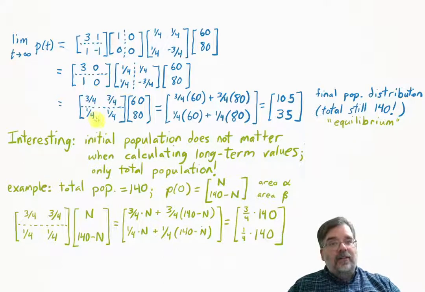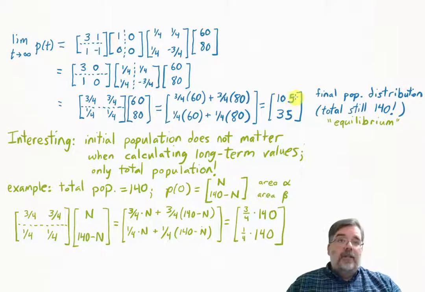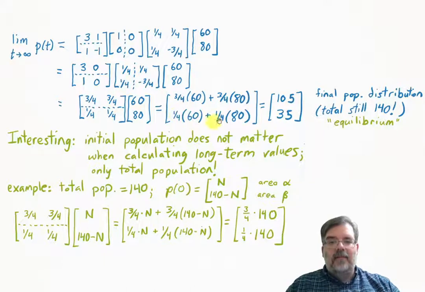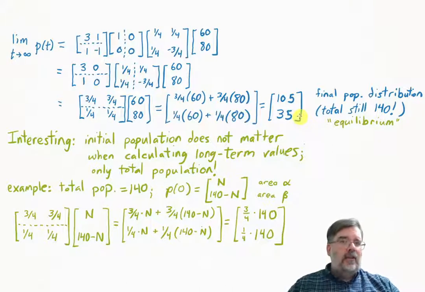And finally, let's do the matrix vector product. Let's multiply it by that initial population vector. We'll get 3/4 times 60 plus 3/4 times 80. That's 105. A nice whole number. That worked out nicely. And similarly, a fourth times 60 plus a fourth times 80, that's 35. And just as a check, we assume that none of the members of our population are dying.